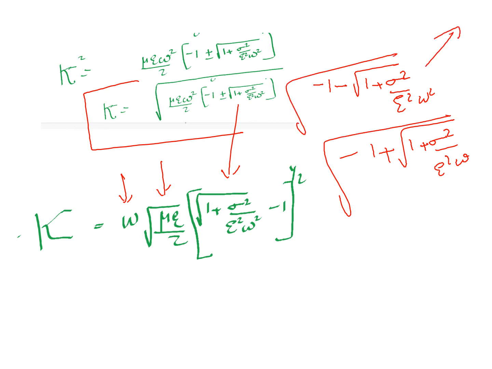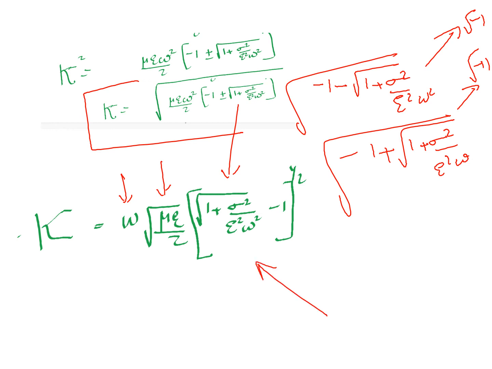So this will certainly lead to a -1, and this will lead to a positive number under root. So we are taking only that one because we need a real number as the answer. So kappa is equal to omega times root of mu epsilon by 2 and under root of 1 plus sigma square by epsilon square omega square minus 1. So hence we got the value of kappa.